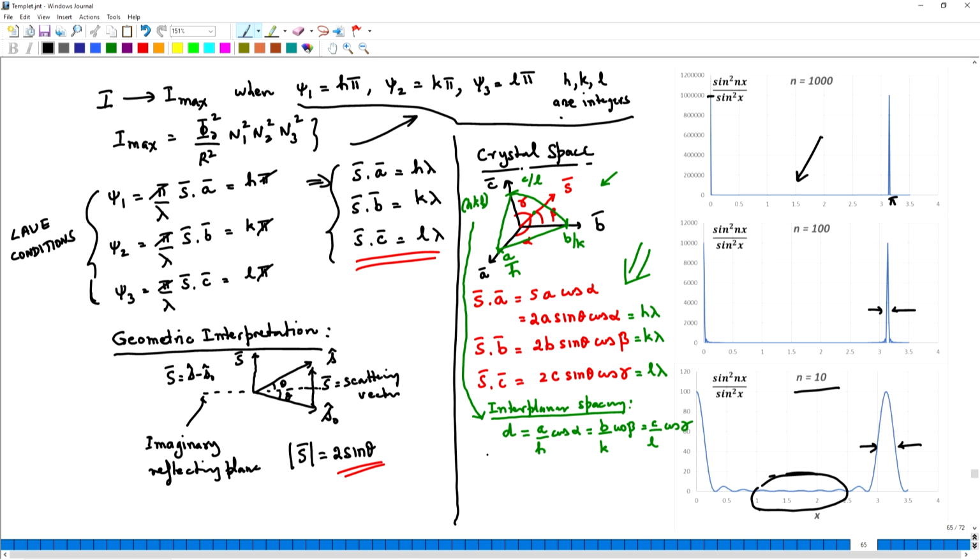On substitution, clearly you can see I can bring H, K or L to the left hand side, and I will have A by H cos alpha, B by K cos beta, C by L cos gamma, and on substitution we simply get 2D sin theta is equal to lambda. So, we come to the well known Bragg equation which we had derived earlier.